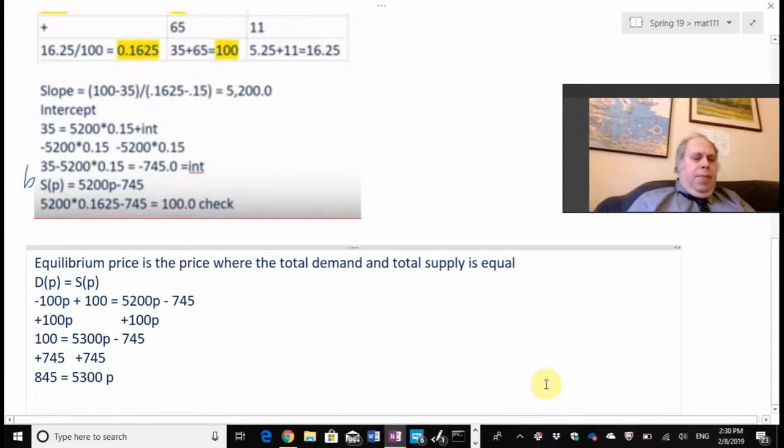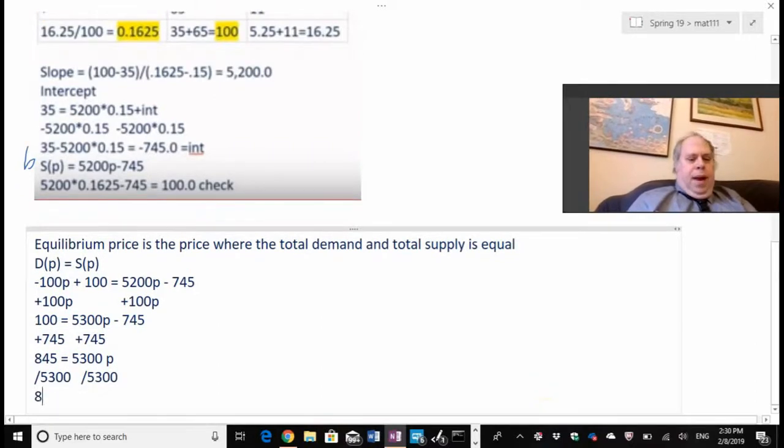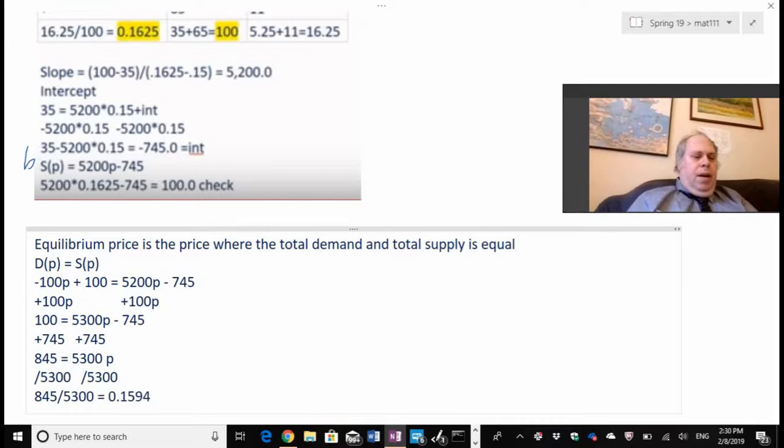Now to get the actual price, I'm going to divide both sides by 5,300. And that'll give me a value for P, 845 divided by 5,300. I can't do this one in my head. It is going to give me about 16 cents a bagel.